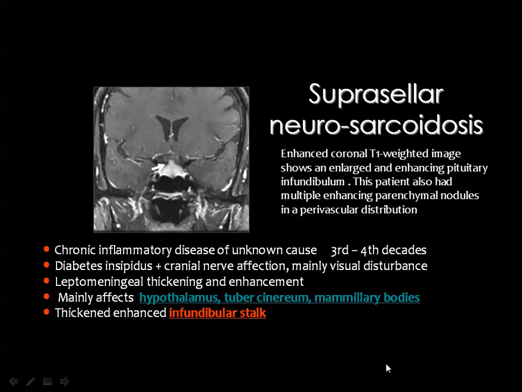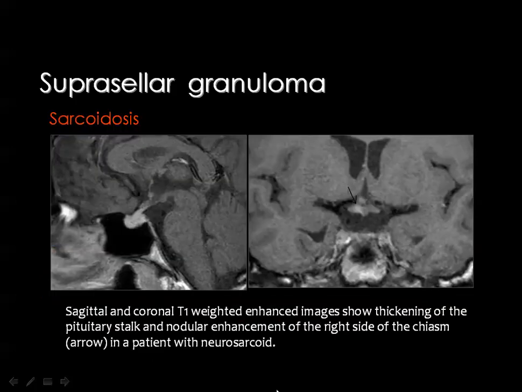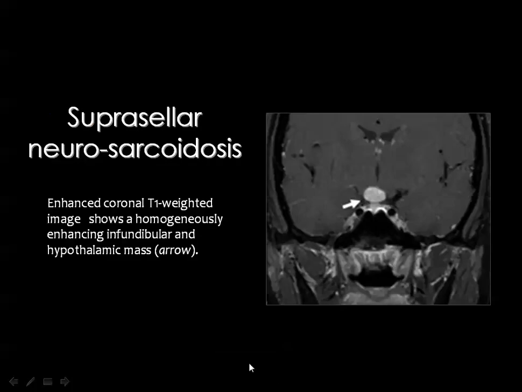Then in the brain, you can see leptomeningeal thickening and enhancement. There is thickening of the hypothalamic region, tuber cinereum, mammillary bodies, and the infundibular stalk together with enhancement. Then if you see a lesion in the region of the pituitary gland predominantly affecting the infundibulum, and the infundibulum in this case is thickened and enhanced, one of the differential diagnoses here is to consider the possibility of sarcoid.